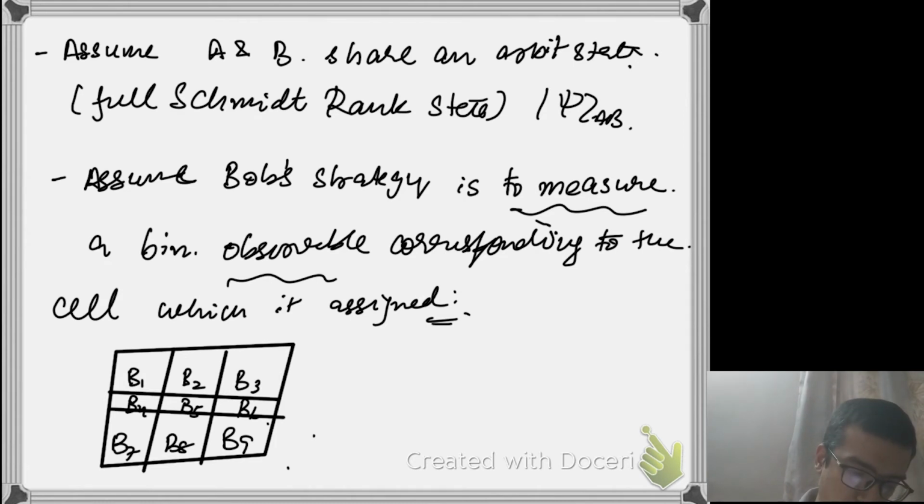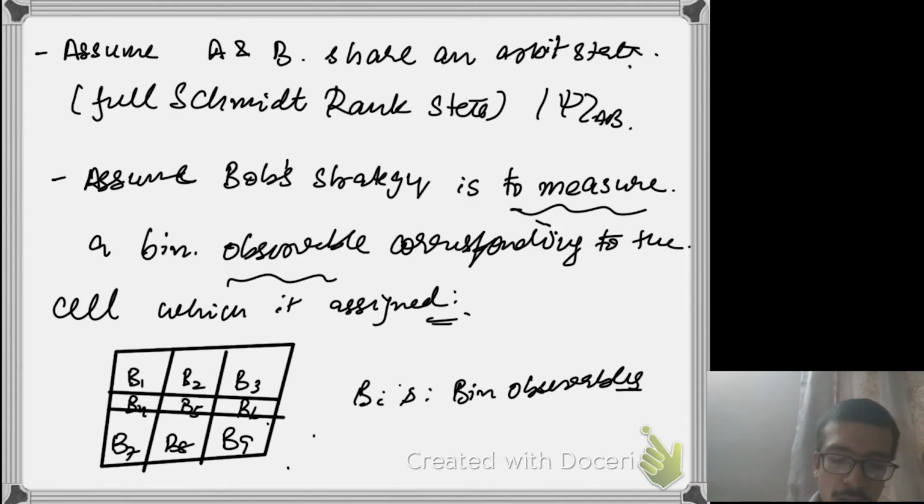Okay, so all these B_i's are binary observables, which means that these are Hermitian and unitary matrices, and they square to identity. And their eigenvalues are of course plus and minus 1.